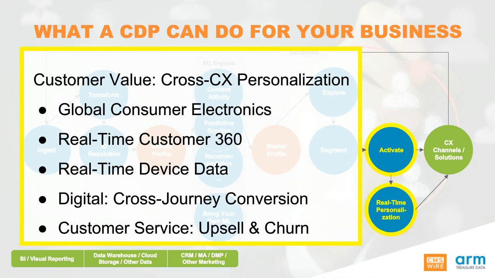They got to a point of maturity in their marketing efforts where they wanted their customer 360 view to be fresh and real time, so to represent interactions the customer has been doing very recently, and then use that in a real-time manner across the customer experience stack, and in particular with customer service.